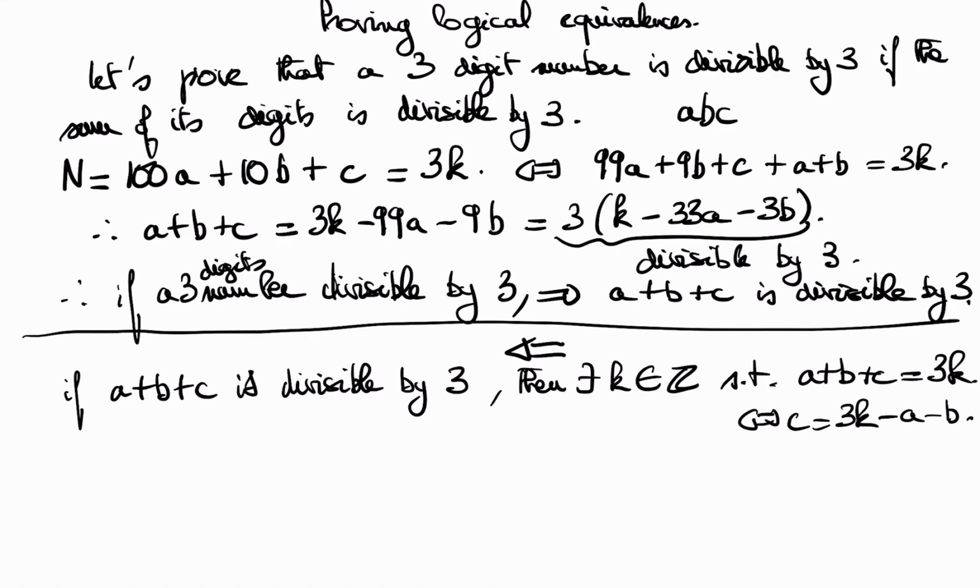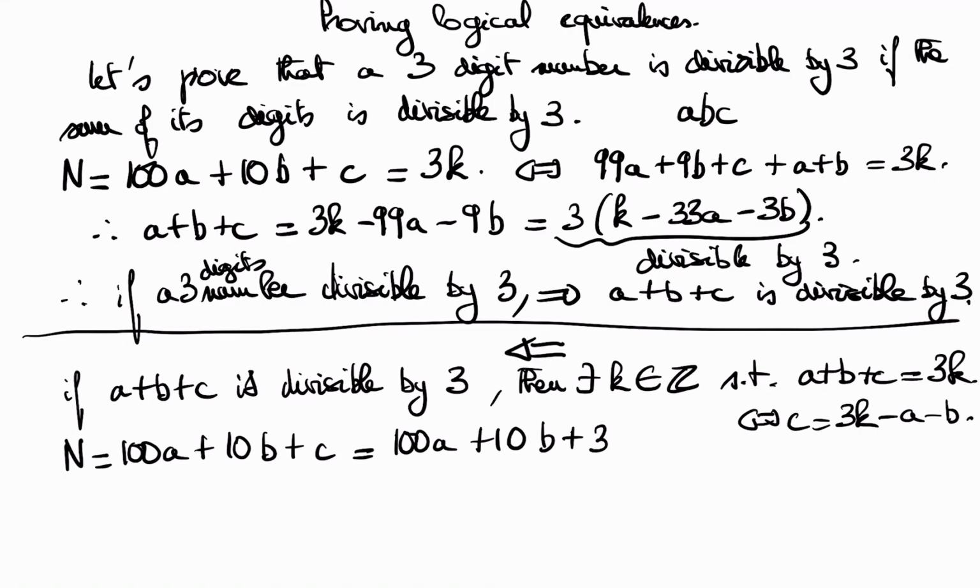So that means that the number n, which is 100a plus 10b plus c, can be written 100a plus 10b, and then plus 3k minus a minus b, which is 99a plus 9b plus 3k, and this is divisible by 3 because we can factorize by 3.